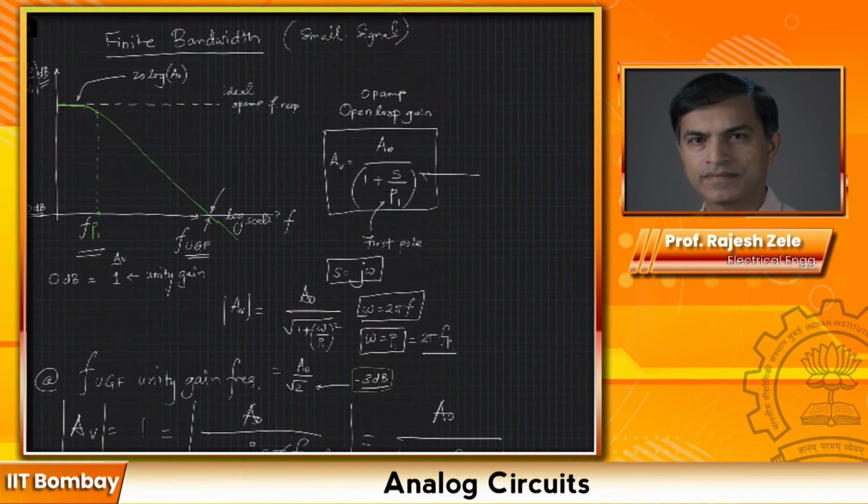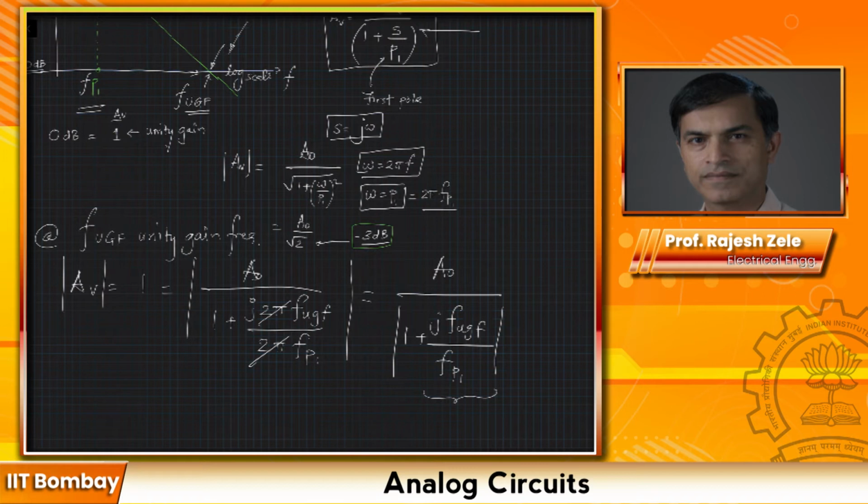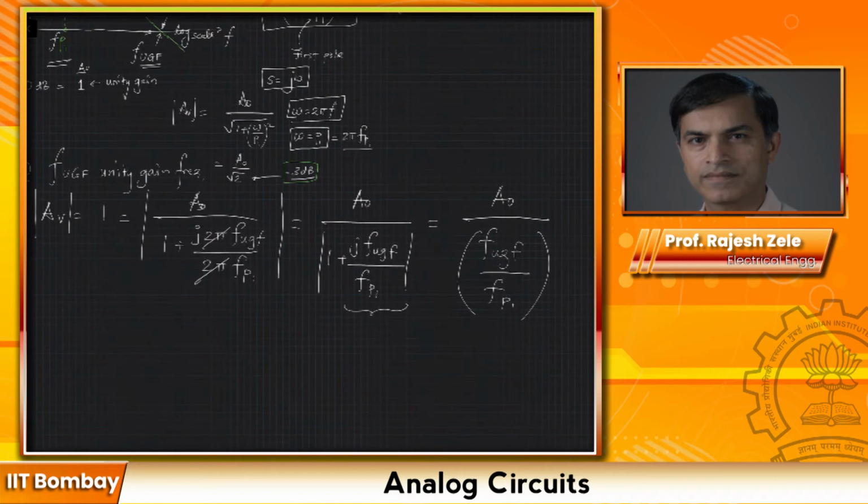Now, if you look at this particular expression, you can already see from the graph that FP1 is a lot less than f UGF. Why? Because the gain is very high. If the gain of the OPAMP is high, then FP1 is going to be a lot smaller than f UGF. So we can approximate this as A0 divided by f UGF divided by FP1.